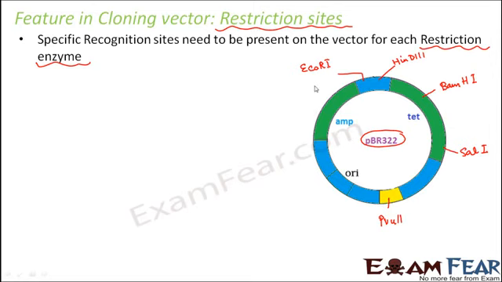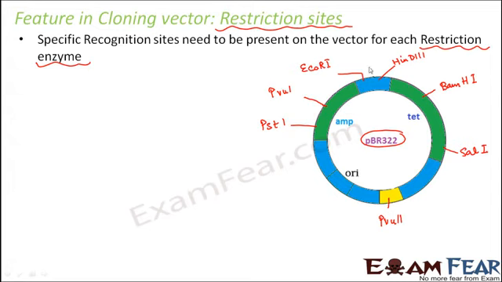Here again you have restriction sites for the enzymes PvuI, and here you have PstI. These are all different restriction enzymes, and all of them need a specific recognition sequence to do their job, and that recognition sequence is present in these specific regions.